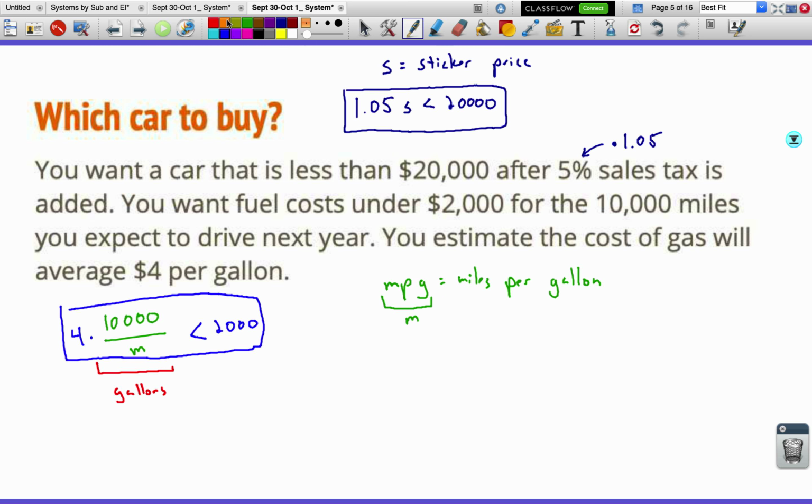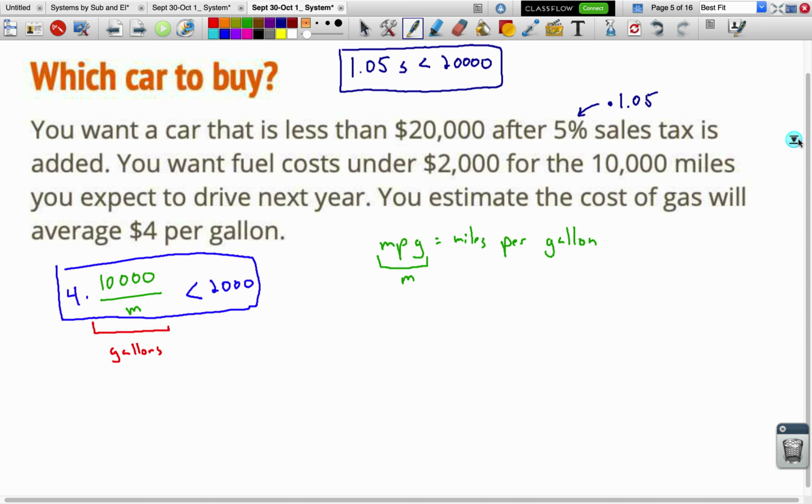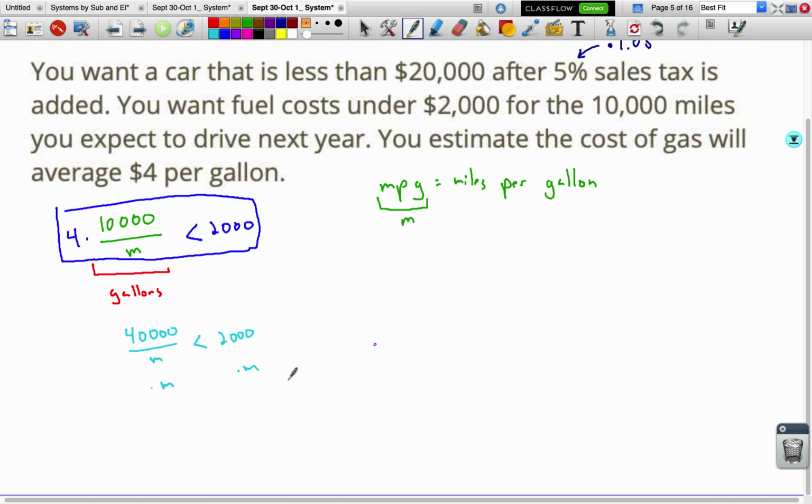All right, now I want to take both of these and isolate the variable real quick. So let's look at the one we just wrote. I'm going to multiply that 4 up to the top, so now I've got 40,000 divided by M is less than 2,000. I'll multiply the M to both sides. Now I've got 40,000 is less than 2,000 M. Divide both sides by that 2,000.